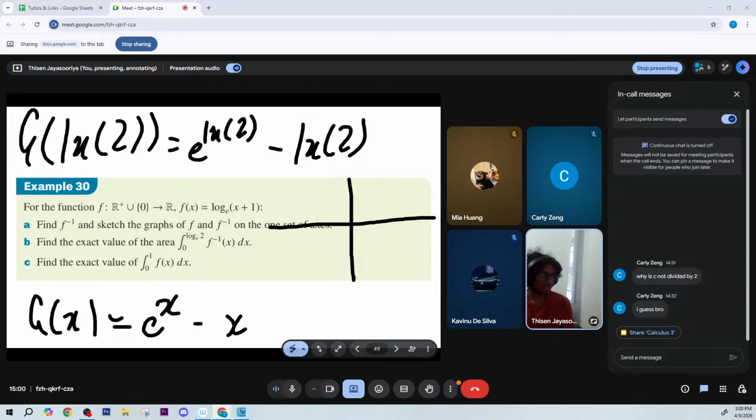Do you see that these two can cancel out? And we're just left with 2 take ln of 2. Does it make sense why they can cancel out for you guys? Okay. Makes sense for Mia. Makes sense for Carly.